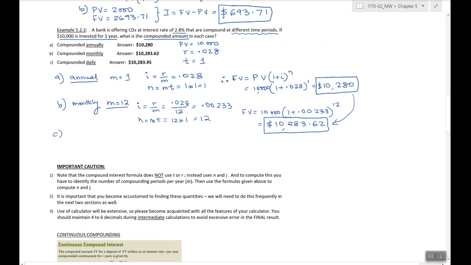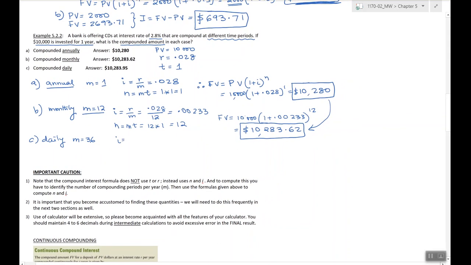Now let's look at the last one. If it's daily, then M is 365, and again we have to find I, which would be 0.028 over 365, and that's going to be a really small number. So it's best if we use the calculator to do it when we are ready to plug it into the formula.